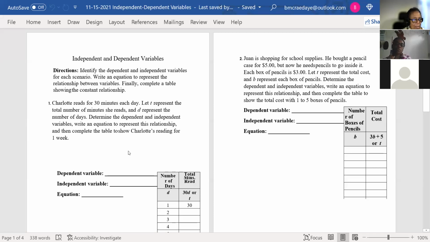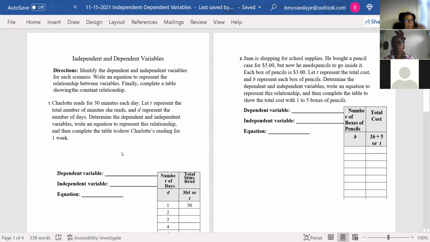Charlotte reads for 30 minutes a day. The total number of minutes she reads is dependent upon the number of days she reads, right? Because she's reading 30 minutes a day.